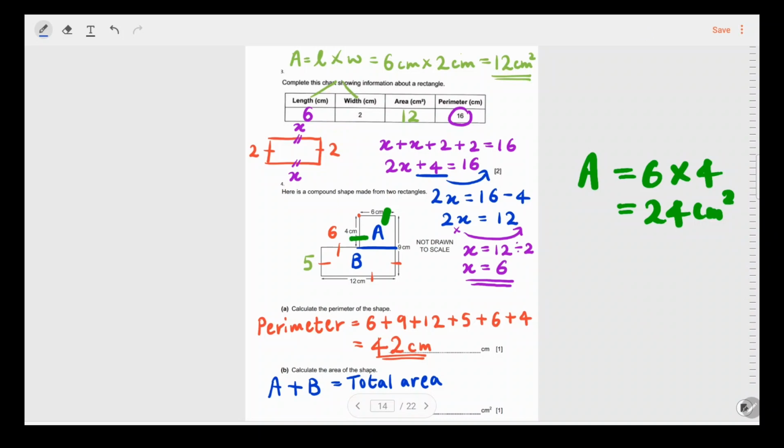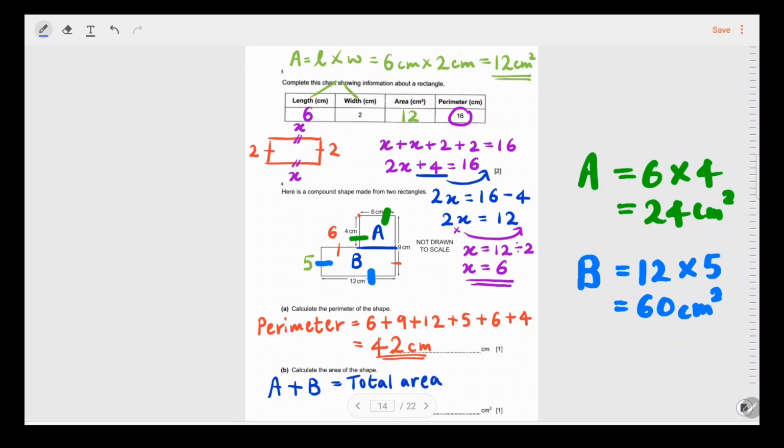And then I am going to find the area of B. So the lengths of B are 12 and 5. So area of B would be 12 times 5, which is 60 centimeters square.